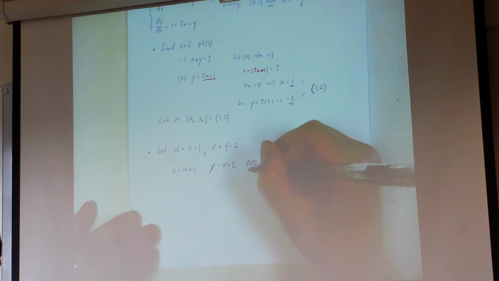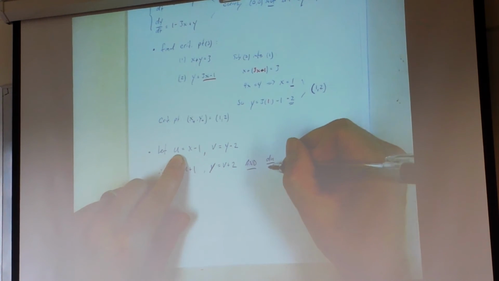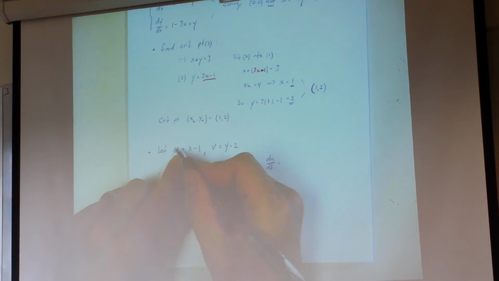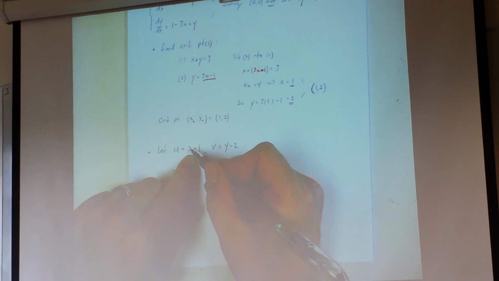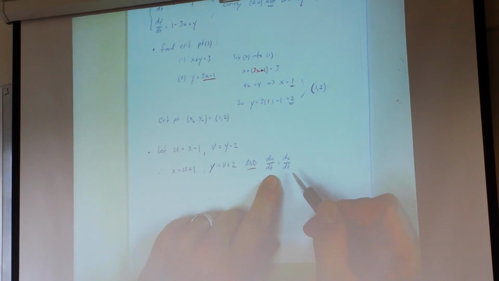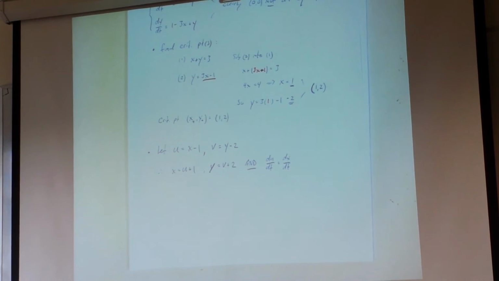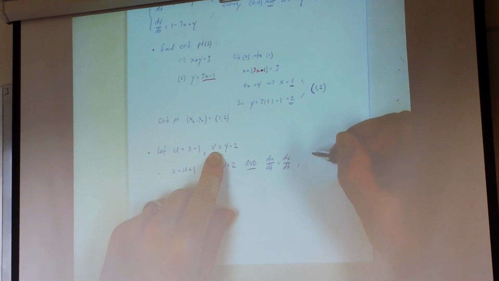Also, and this is important, when I find the derivative du dt, differentiate both sides of this with respect to t. du dt would just be dx dt minus 0. It's a linear transformation, so du dt and dx dt are the same. It's just a horizontal shift. Same thing with v.